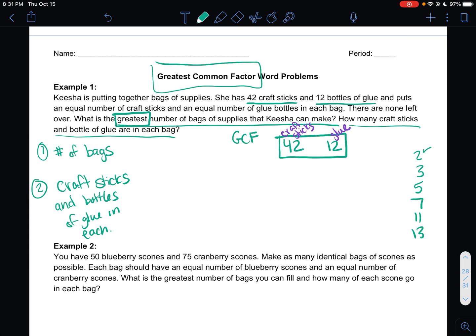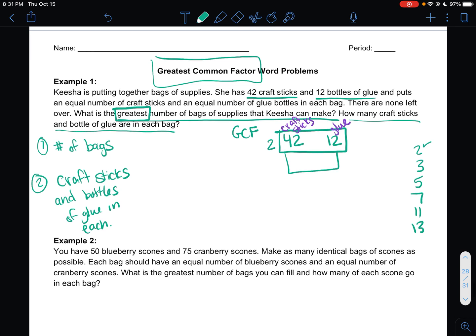So 42 and 12 are both divisible by 2. So I put a 2 on the side, divide by 2. 42 divided by 2 is 21. 12 divided by 2 is 6. So 21 is not divisible by 2, and even though 6 is, we can't use it because they both have to be divisible by that.